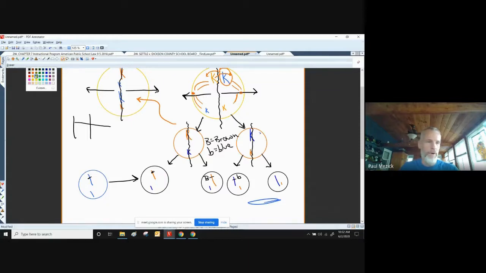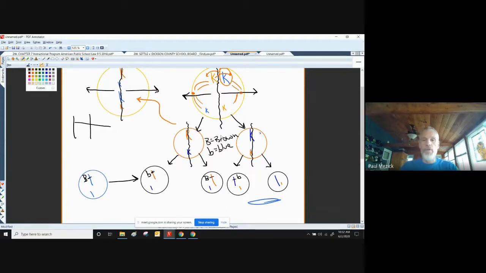Mom can do the same thing. This could be the egg that mom deposits that goes with that sperm, or the egg that drops in that particular woman's cycle could be this one, which can go with this. Or this one here could go with this sperm, or this egg here could go with that one.